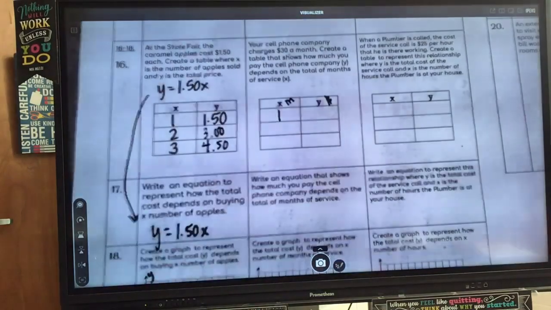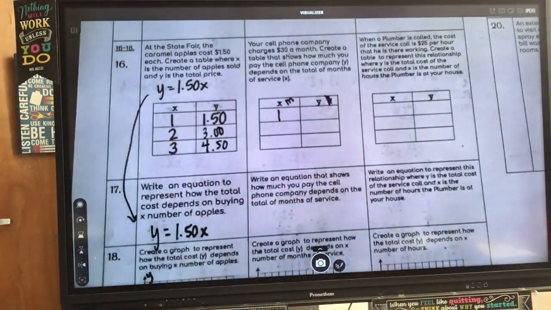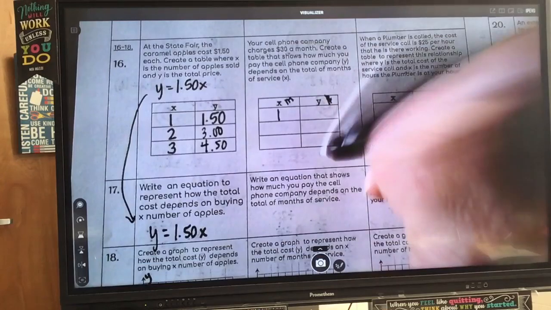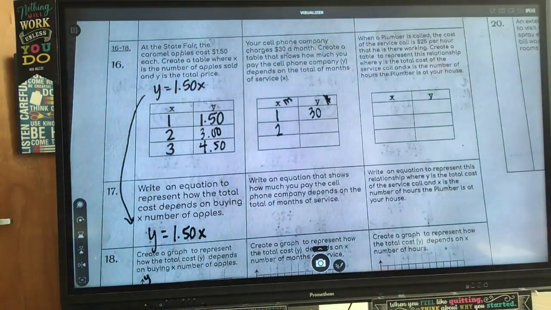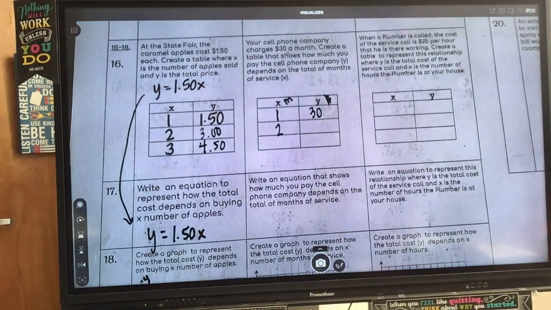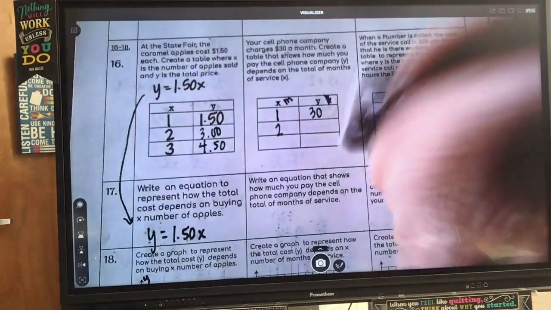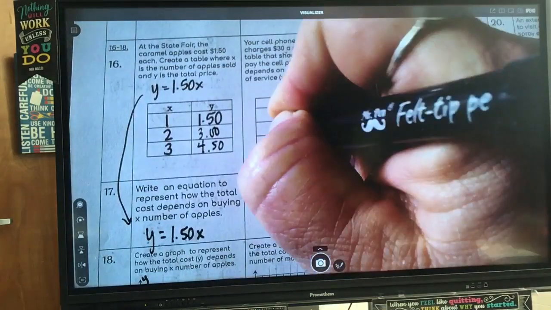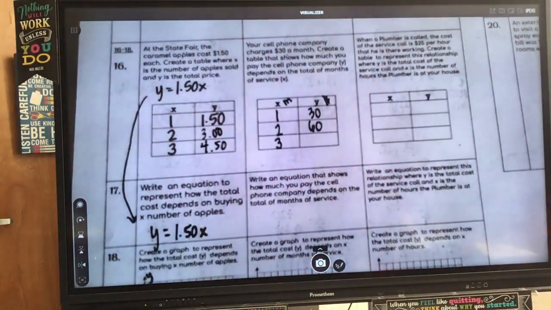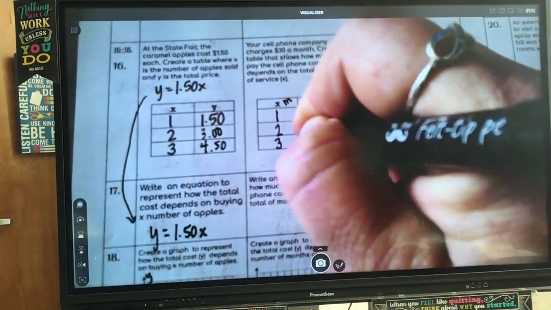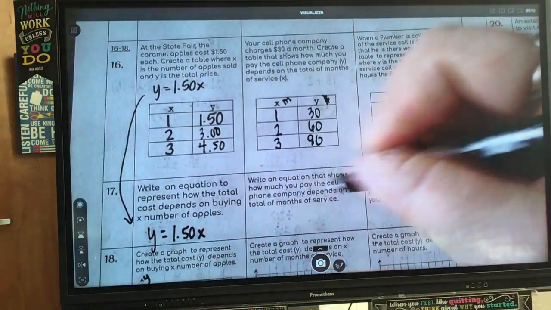So for 1 month, how much does it cost me? $30. All right, so for 2 months, how much does it cost me? $60. For 3 months, how much does it cost me? $90.